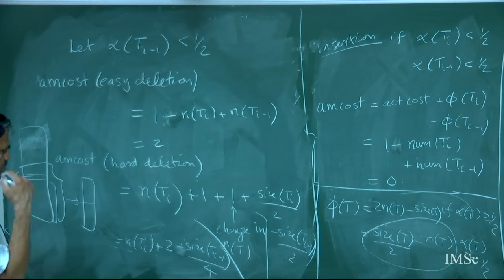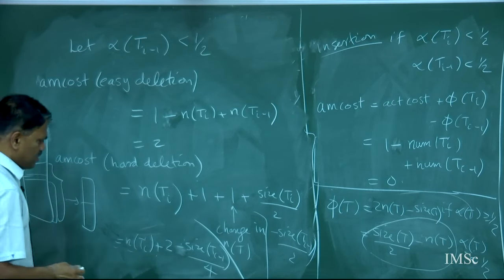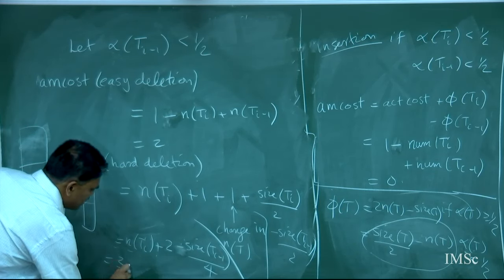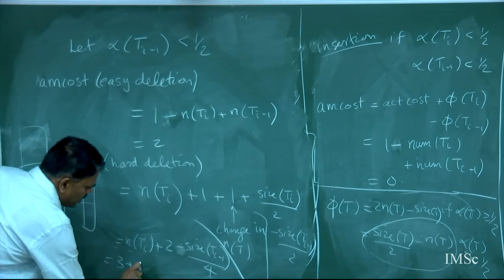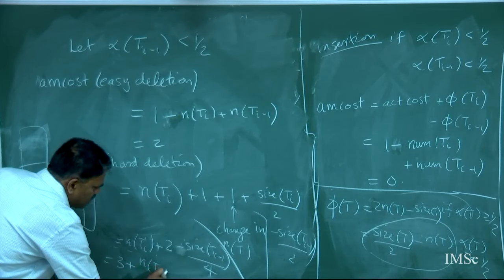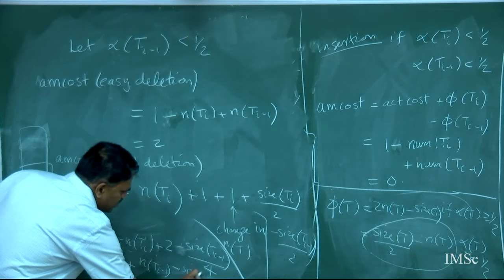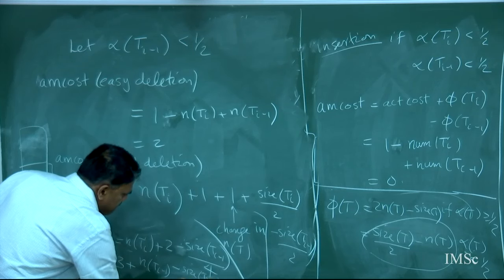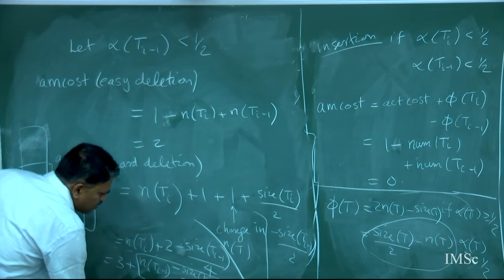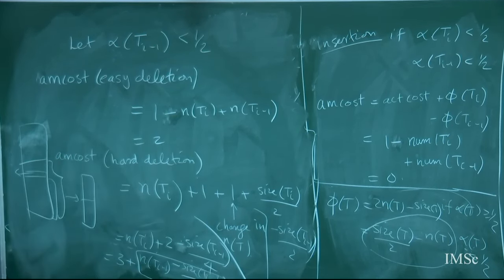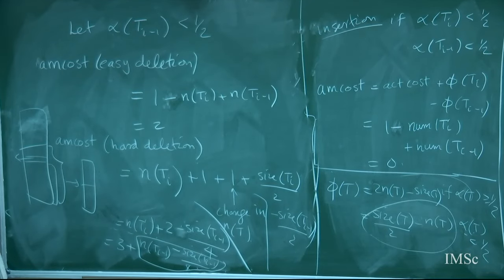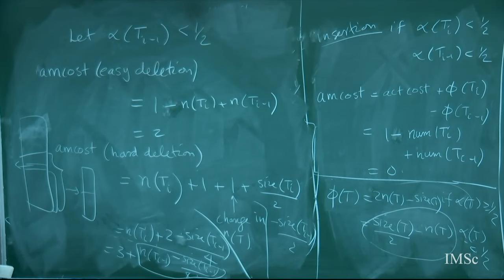What do we know about number of elements after this? Well, it's 3 plus, so n of ti minus 1 minus size of ti minus 1 by 4. And these two are same. So when I deleted this element, these two are the same. Okay.